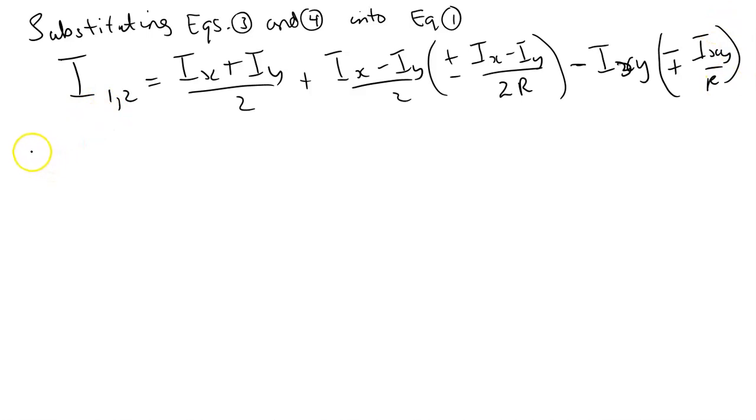So we have two values here now, and we're going to put 1, 2, and simplify this a little bit.